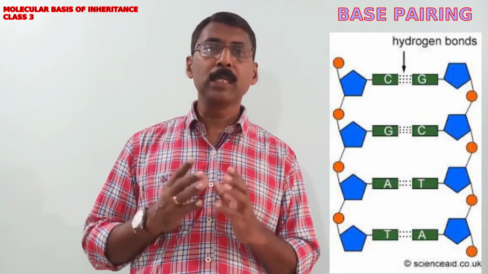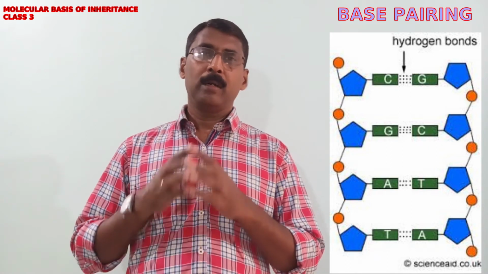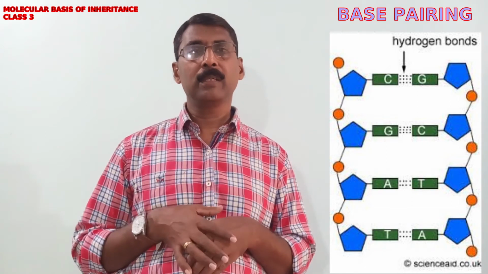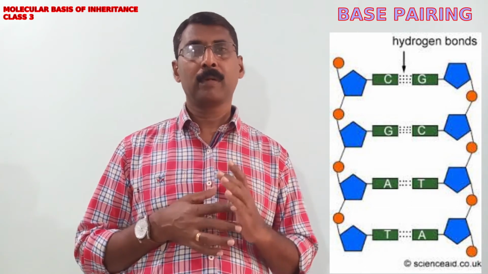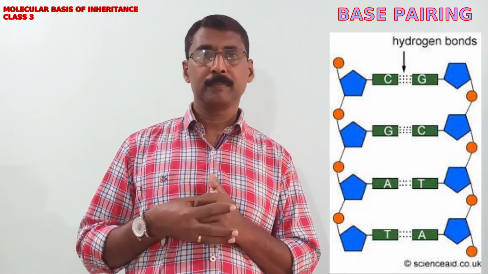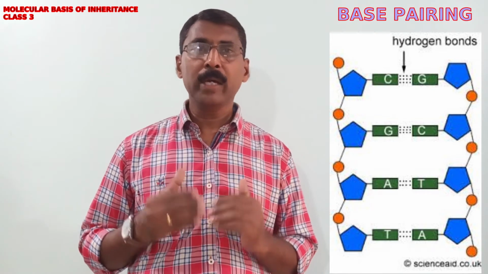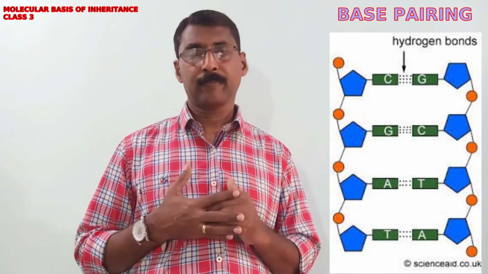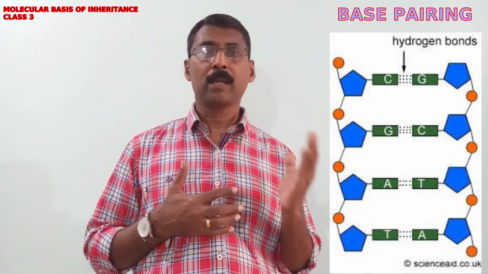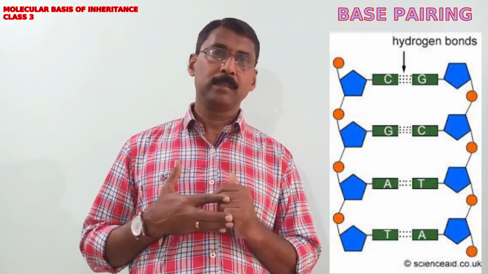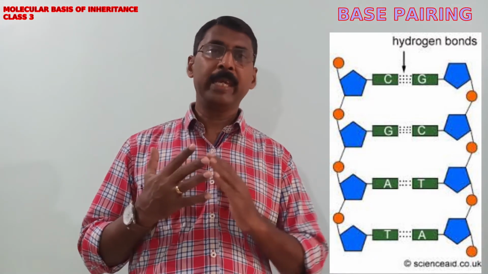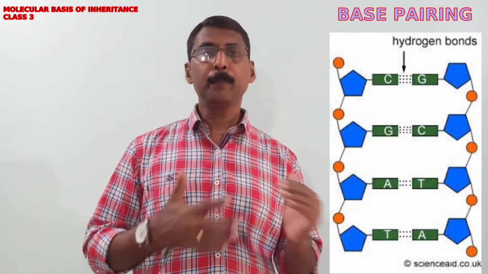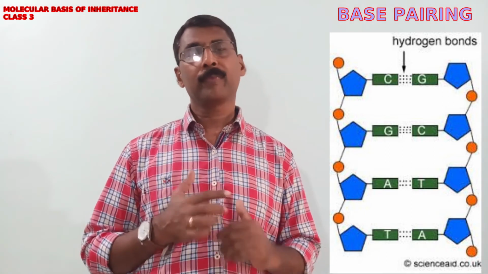The rule is that the nitrogen base adenine always pairs with the thymine of the opposite strand, and the nitrogen base guanine always pairs with the cytosine of the other strand. So there is an AT pairing or adenine thymine pairing and a GC pairing or guanine cytosine pairing.